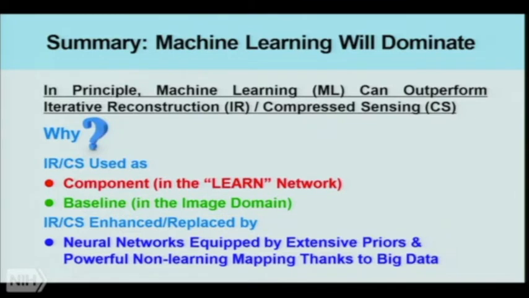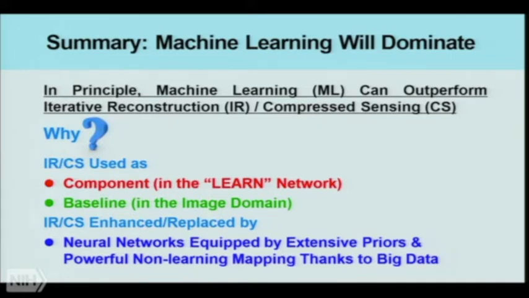Overall, we believe in principle machine learning can outperform iterative reconstruction or compressed sensing. Why? I already mentioned iterative reconstruction or compressed sensing or analytic reconstruction could be used as a component or baseline in the neural network.